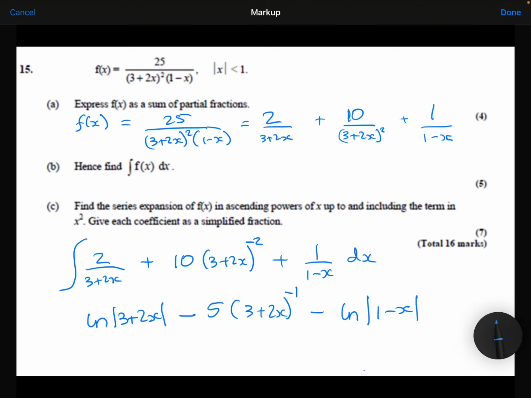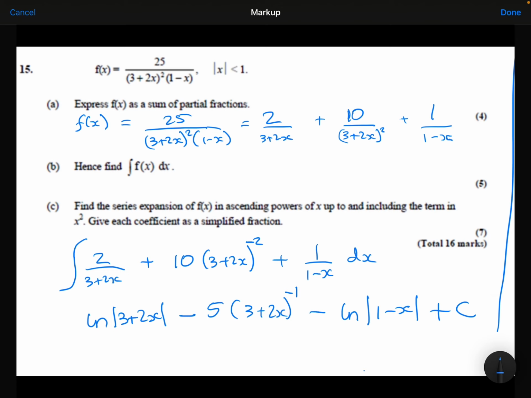Not forgetting the plus c for the constant of integration. And there we go. It's not told me how I need to leave my answer, so I don't need to worry about simplifying any of the logarithms there. I can just leave my answer like that.